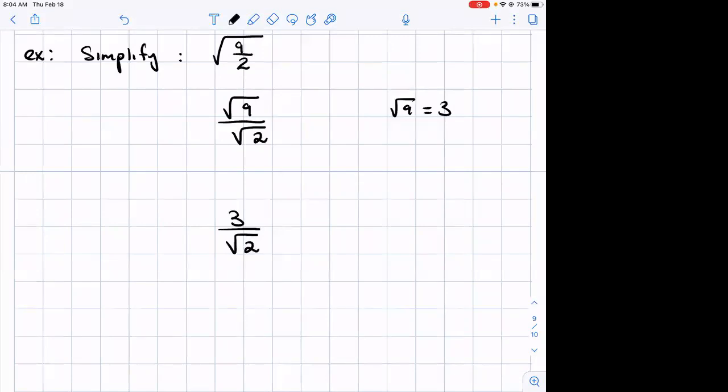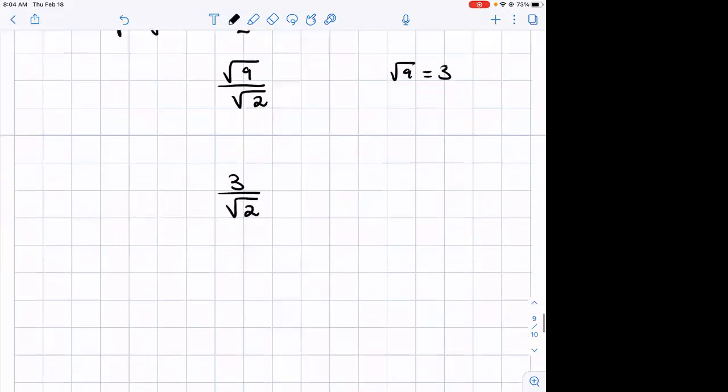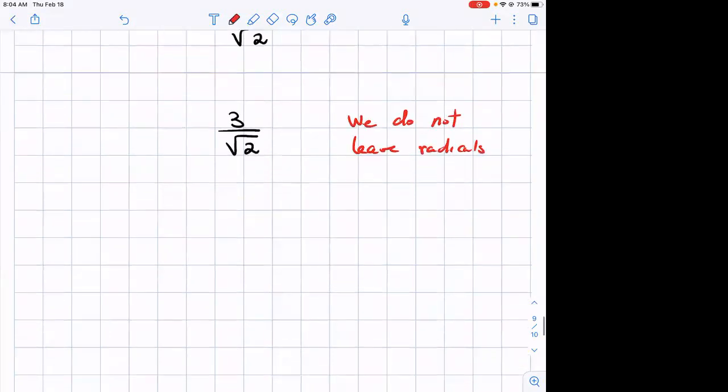So this cannot be simplified any further, but we do not leave radicals in the denominator.